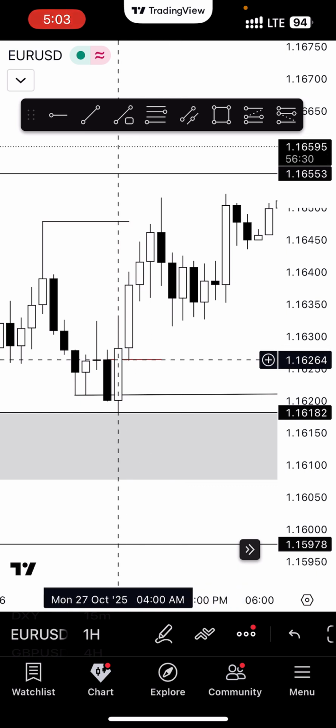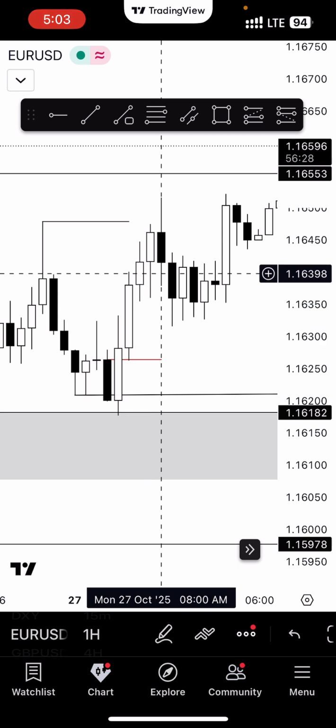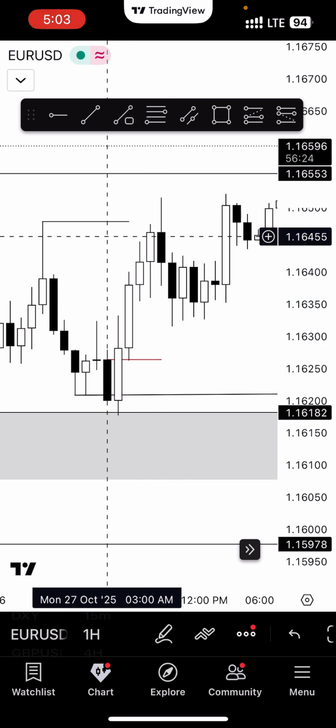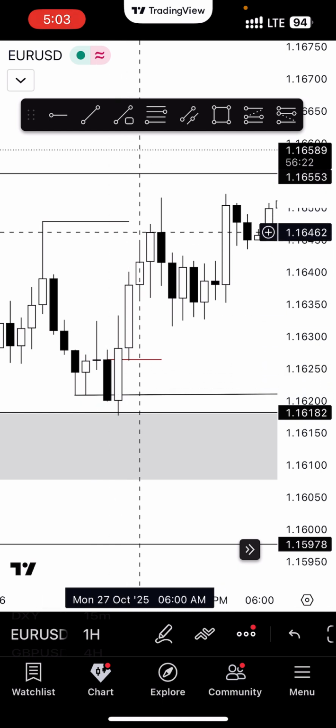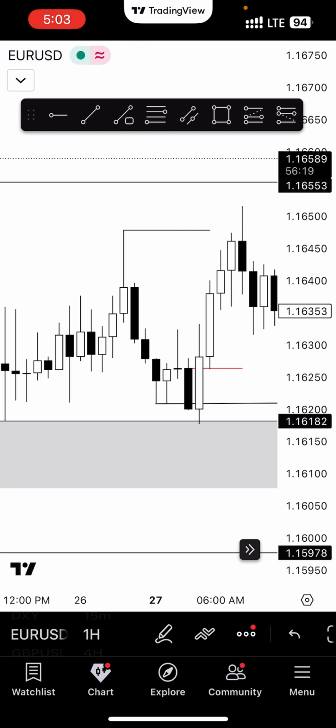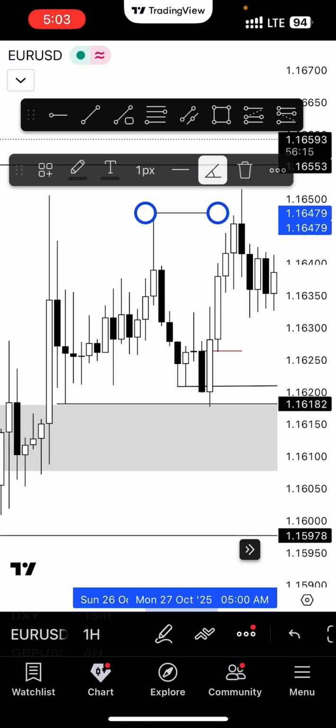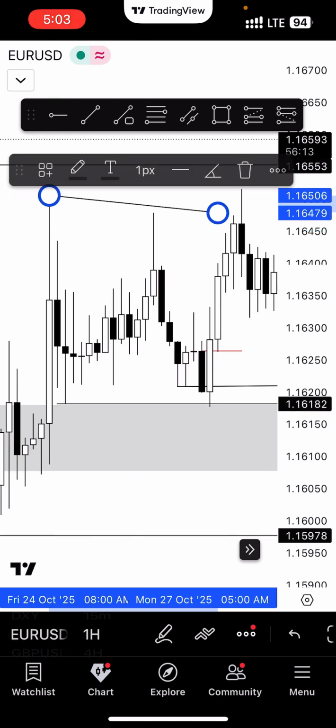Now we went higher from here, and if you also look, this is a range on the 1 hour. And this also looks like equal highs.